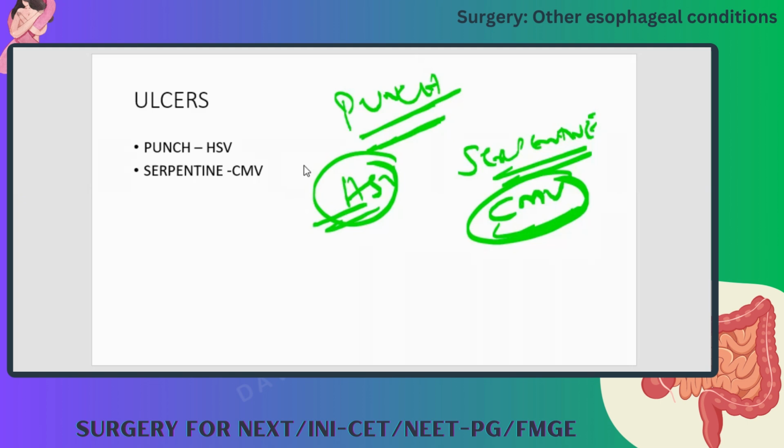Most common site is the squamo-columnar junction. But what is that ring? Is it a mucosal ring or a submucosal ring? It's a submucosal ring. What is the treatment for it?